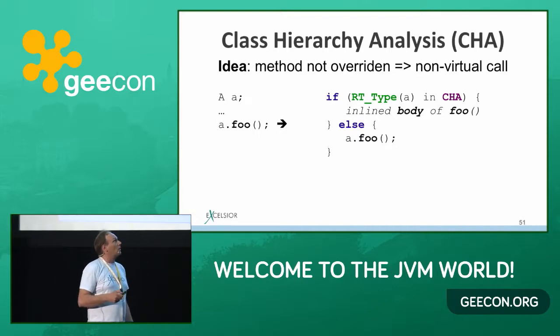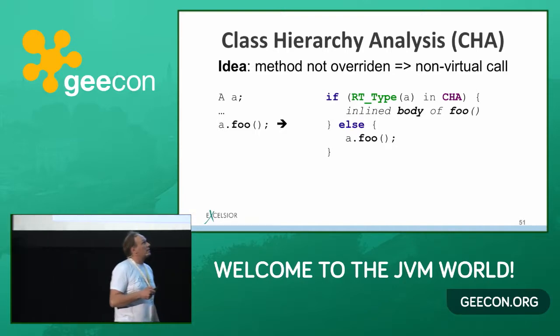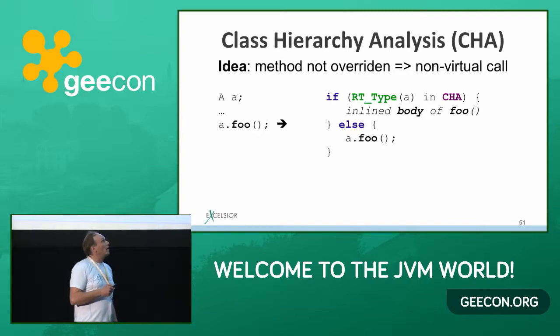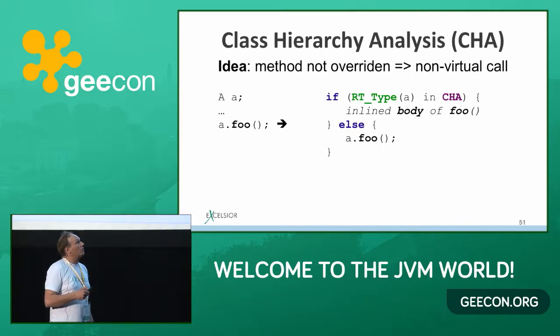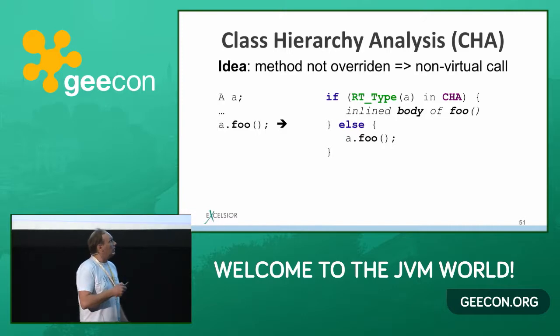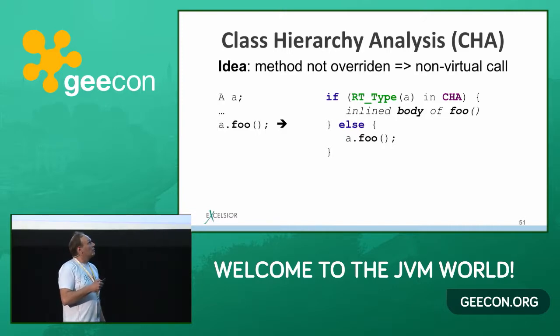Instead, we insert a check that verifies that the runtime type of a receiver object was the subject of CHA. And if the check passes, we execute the inline body of method foo. Else, we just call that method virtually. Please note that this check can be performed very efficiently with just a few native instructions.